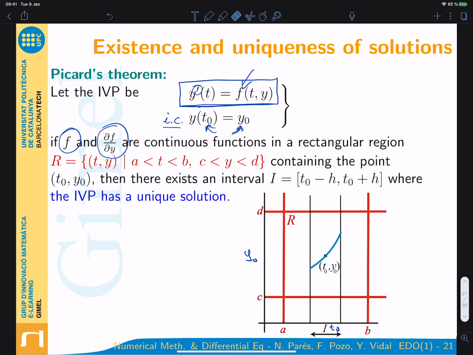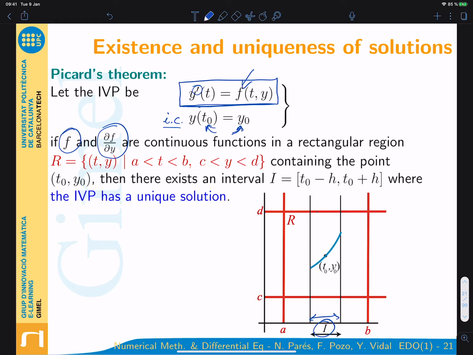initial condition of the problem, then there exists an interval, which is this interval here, okay? There exists this interval here, where we can guarantee that the initial value problem has a unique solution, okay?